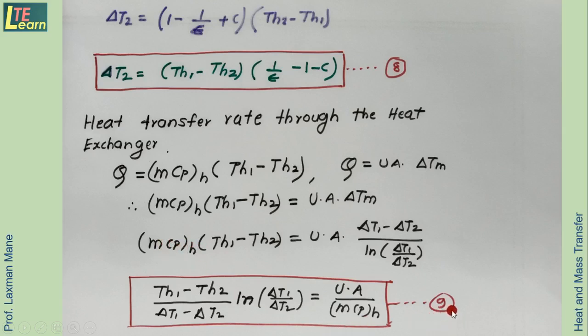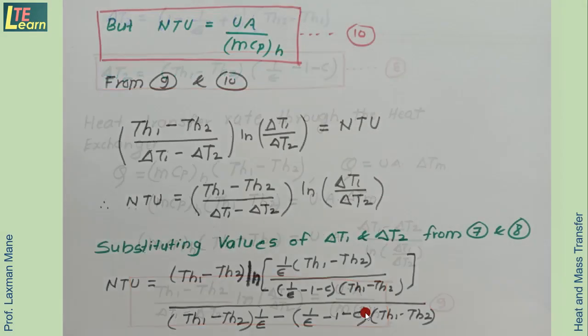Now this equation number 9, in that this is what? NTU, number of transfer units, that is equation number 10. So from 9 and 10 we can write for this expression, which we already have on the left side, that for the right side as NTU.